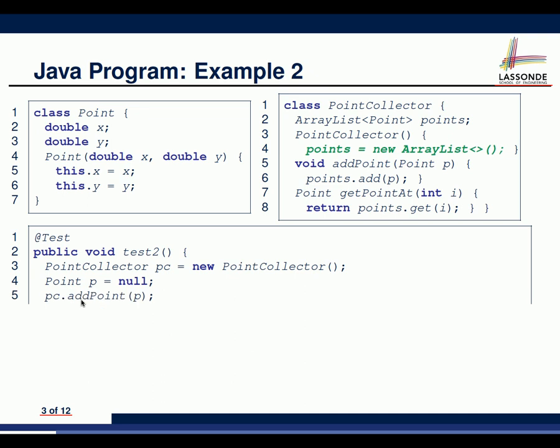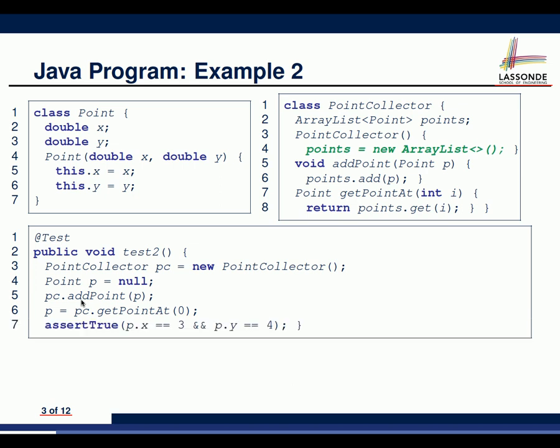Then immediately after, I say PC.addPoints(P). And then P is assigned to PC.getPoint at 0. Then I assert true that P.x is 3 and P.y is 4. Everything still compiles. However, the Java side compiles, but it's going to give you a runtime null pointer exception.